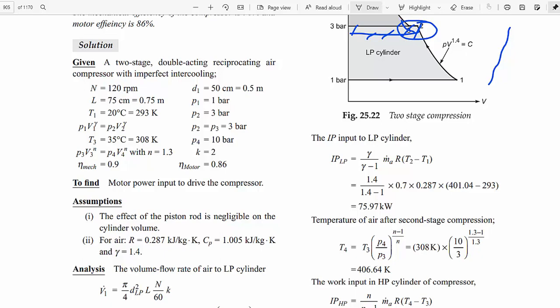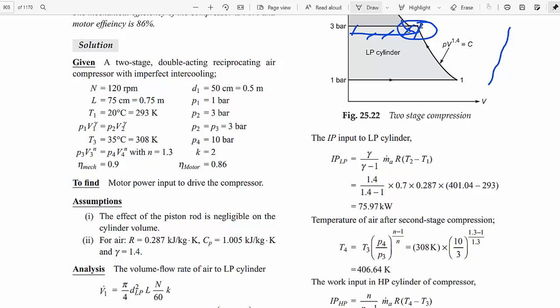But here there is no information about the clearance volume, therefore we assume there is no clearance, and we can take the formula for work done without the clearance concept.